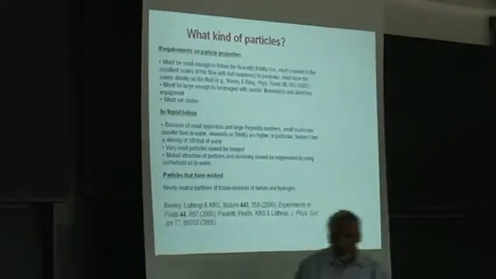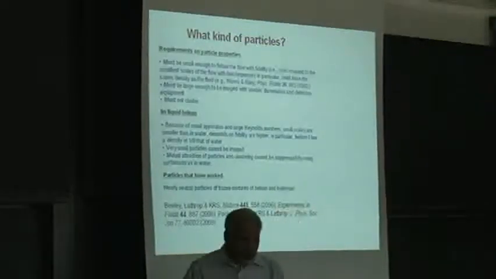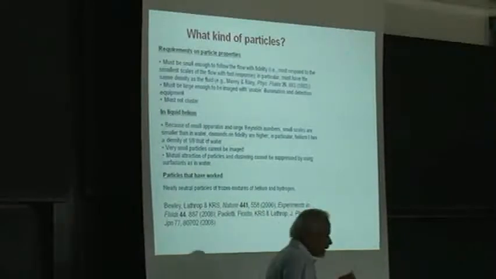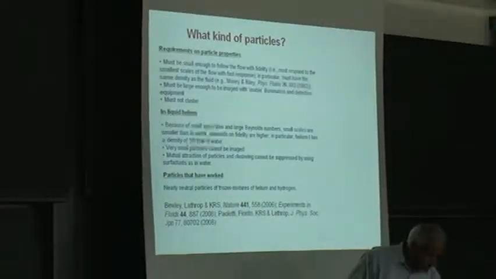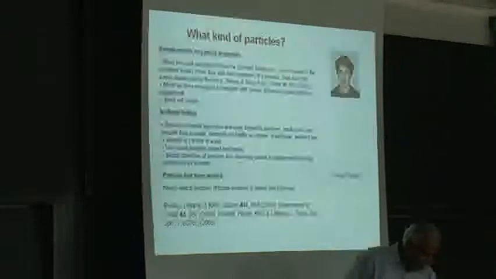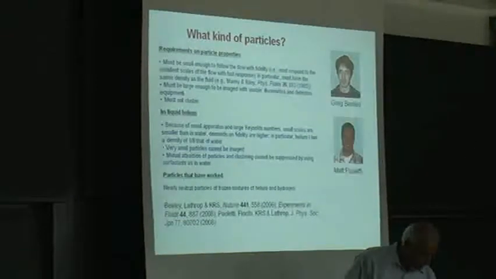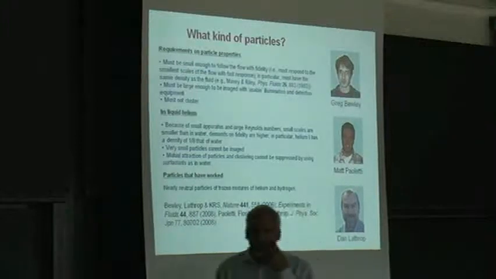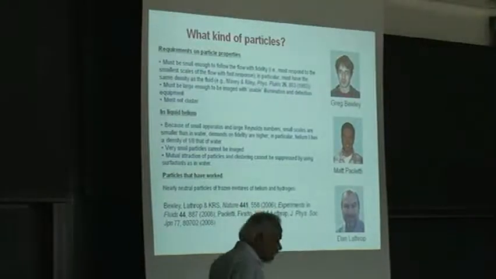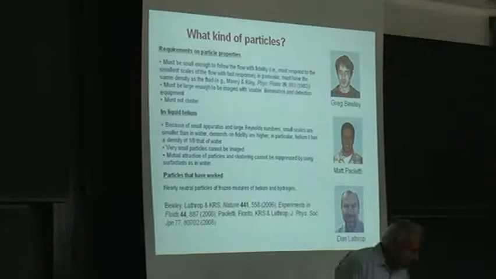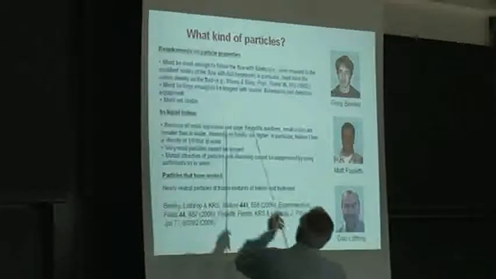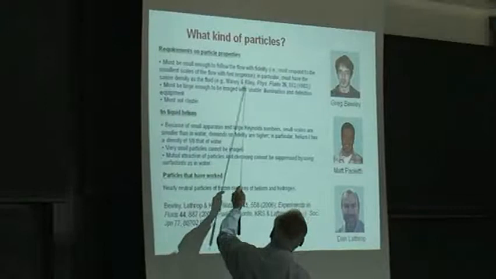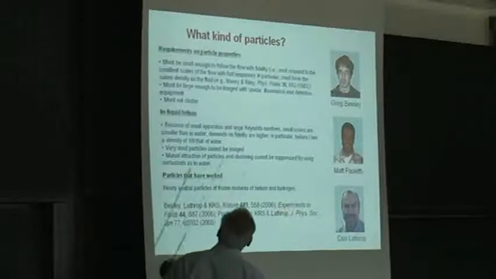So the only reason it was possible for us to mark these vortices, which others were unable to do for a long time, is simply that my students, Greg Bewley and Matt Colletti, working with Dan Letro, were able to devise the right sort of particles. I have given here the requirements for particles to be used in a classical fluid, and you can see a lot of that written out in Maxey and Riley.